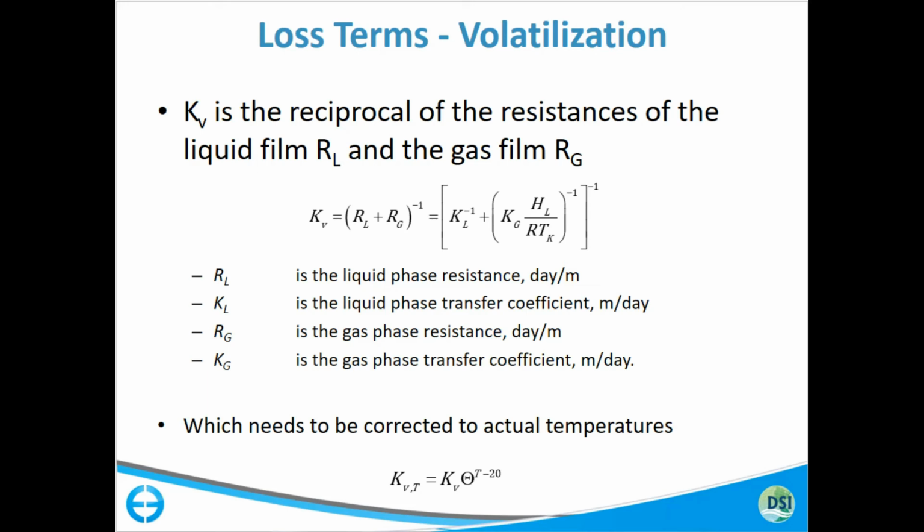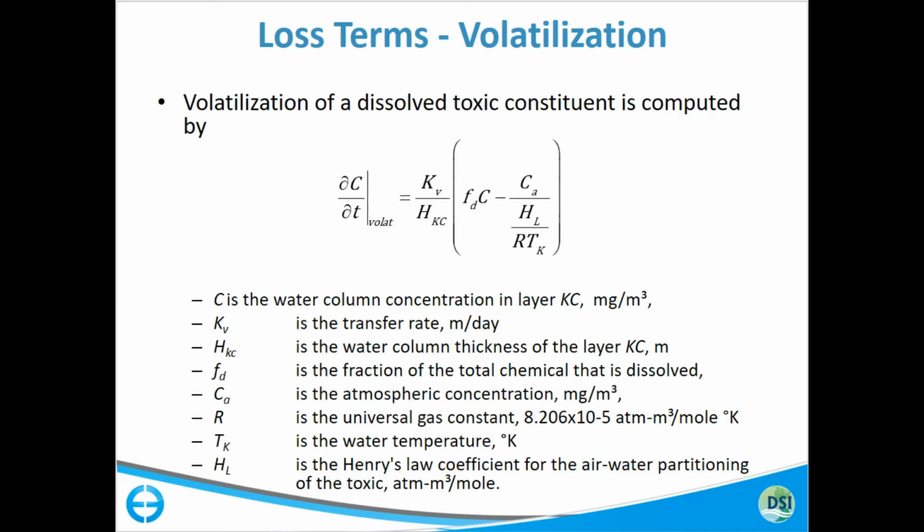So now we have to correct it to your actual temperature according to this, and this is the actual term that gets used in this equation when we actually calculate the amount of mass leaving the system or coming in. If CA is not 0, this could be a source term for if you have atmospheric dissolved concentration, not deposition, but just atmospheric dissolved or atmospheric concentration that's not particle active, and then it will actually add concentration to your water column.